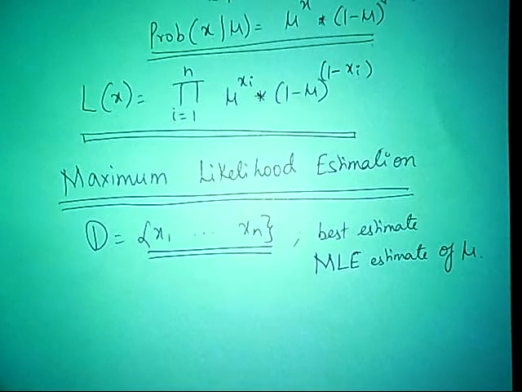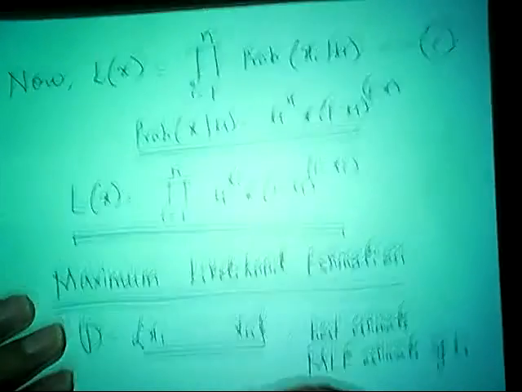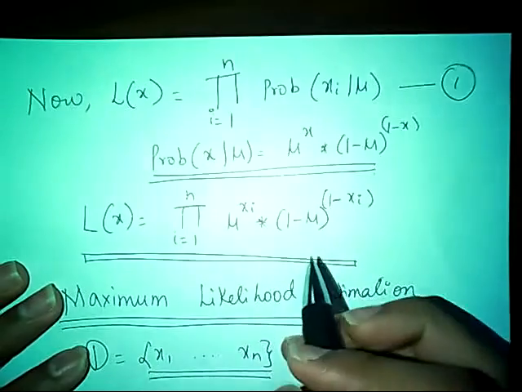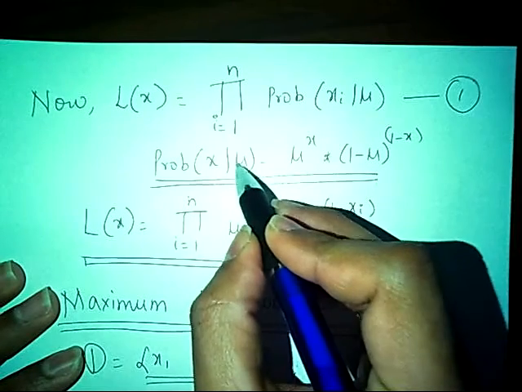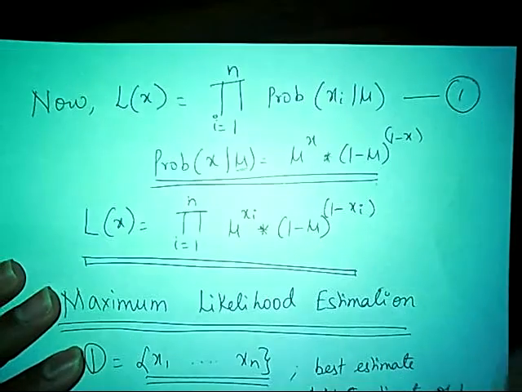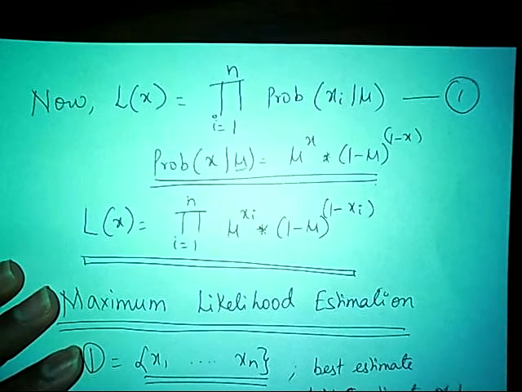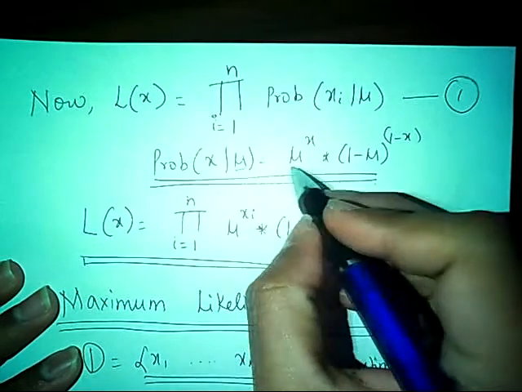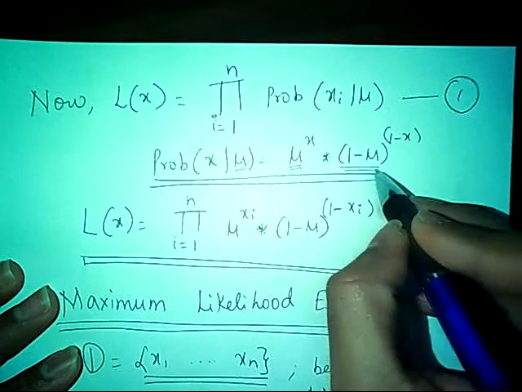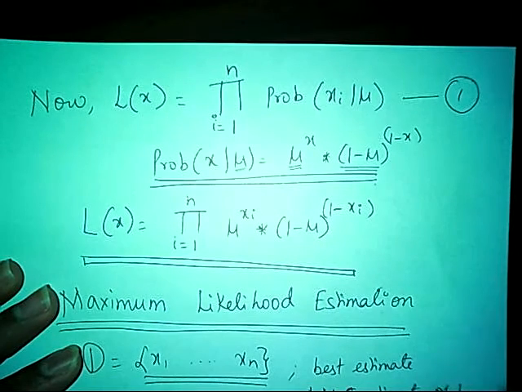I told you initially that x is distributed depending on the parameter mu, but we have never gotten a single value of mu. I told you that this is the distribution of x given a parameter mu.